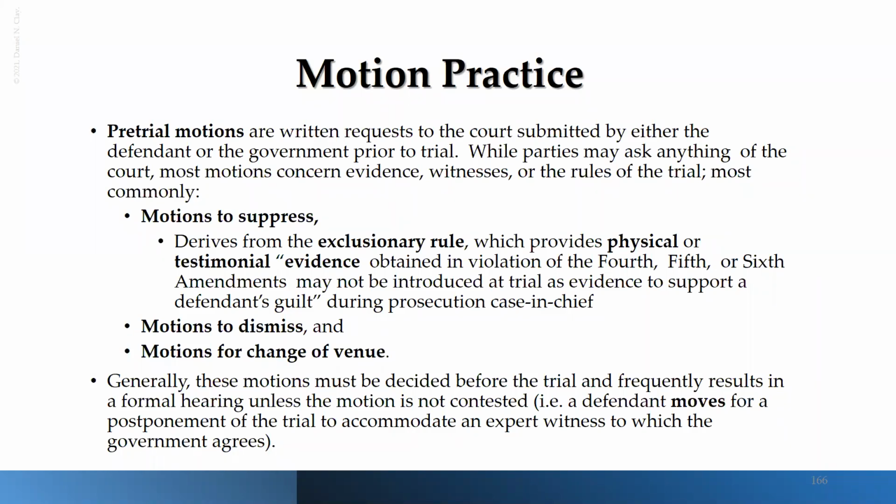So what happens is Tsarnaev moves again for a change of venue, and he does this at the district court, and the district court denies it. So he files what's called a writ of mandamus with our court. Basically, a writ of mandamus just says you're ordering a public official to do their job, right?